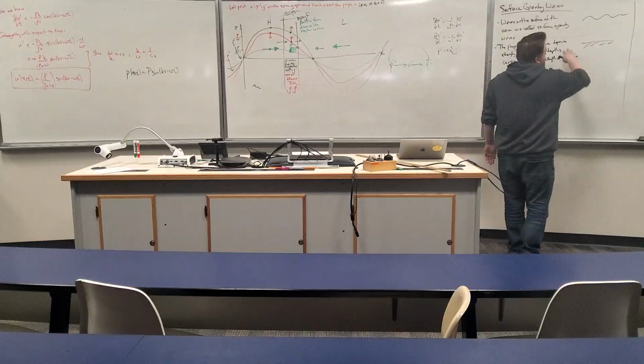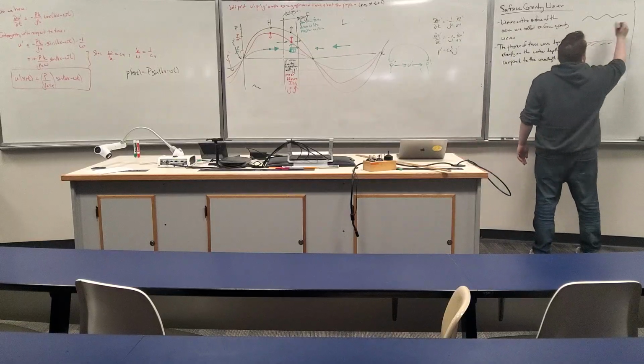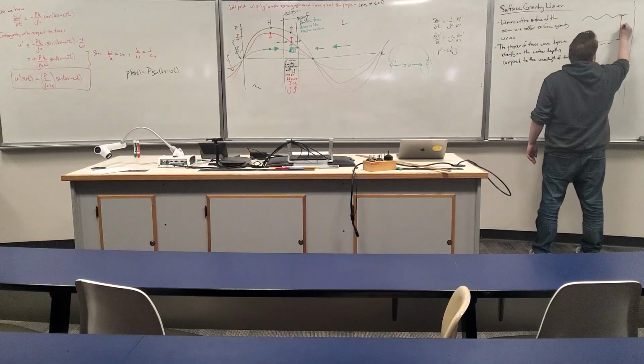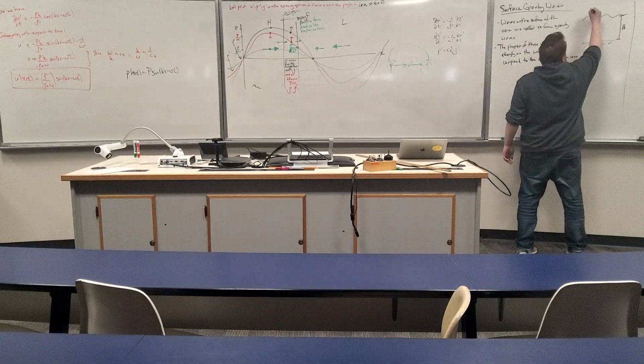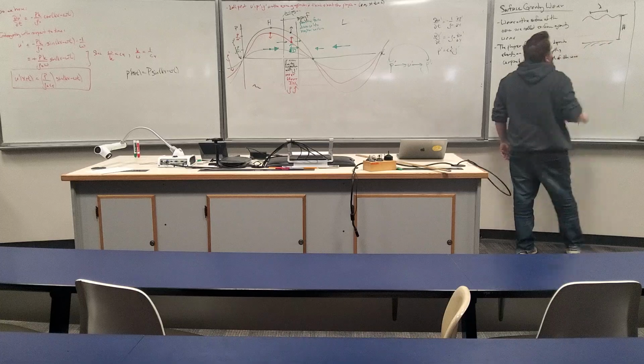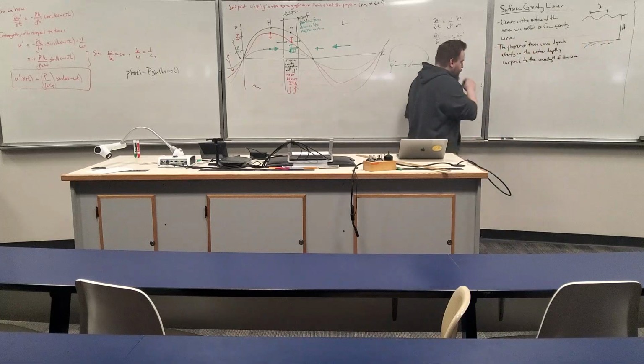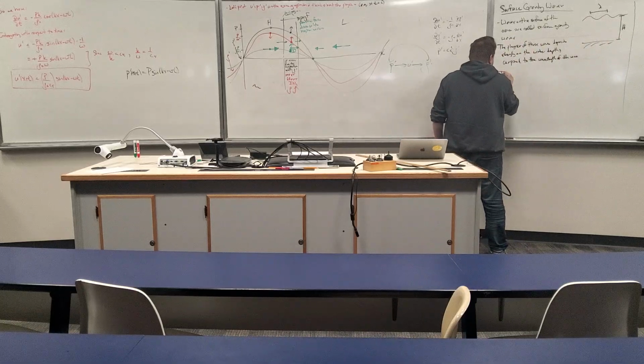So we draw a diagram of a cartoon ocean. Generally, we call the depth of the ocean capital H, which is the usual notation in oceanography. And then this distance here would be lambda, the wavelength of the waves. So two cases.